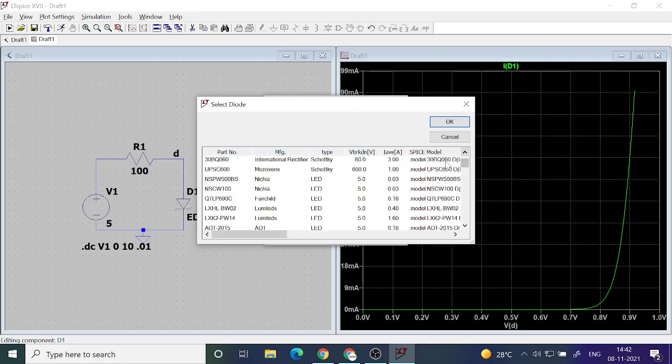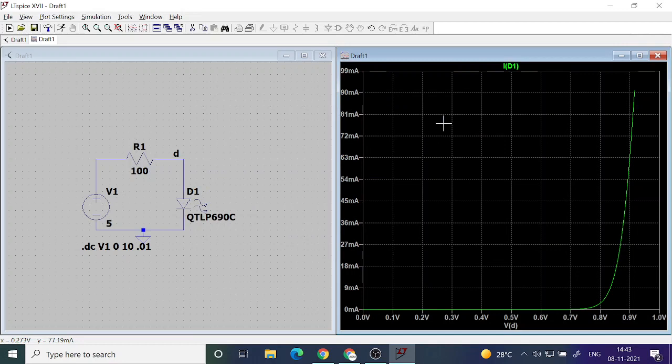There are many LEDs here. So let us take one of these. Depending upon which one you pick, the values and the characteristics may vary slightly. LED has this symbol, a diode symbol with two arrows coming out, which shows light is coming out. So let us run it.